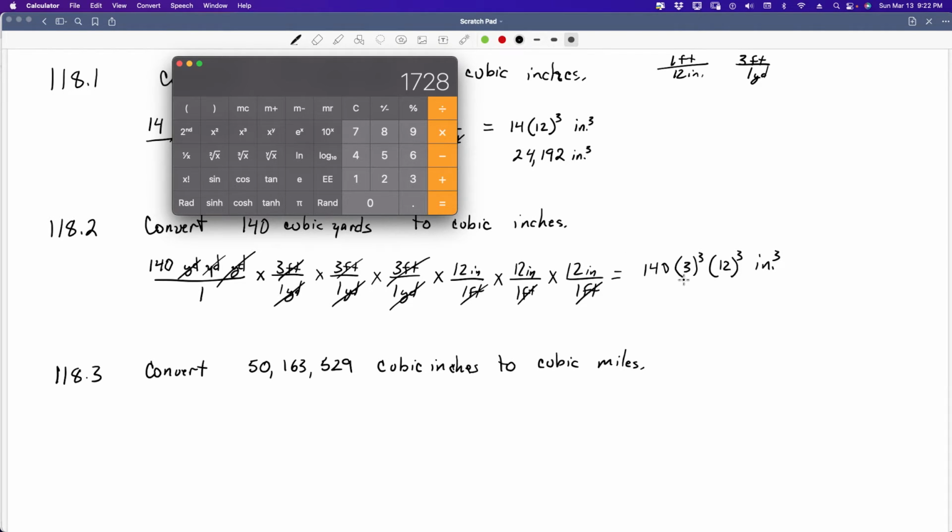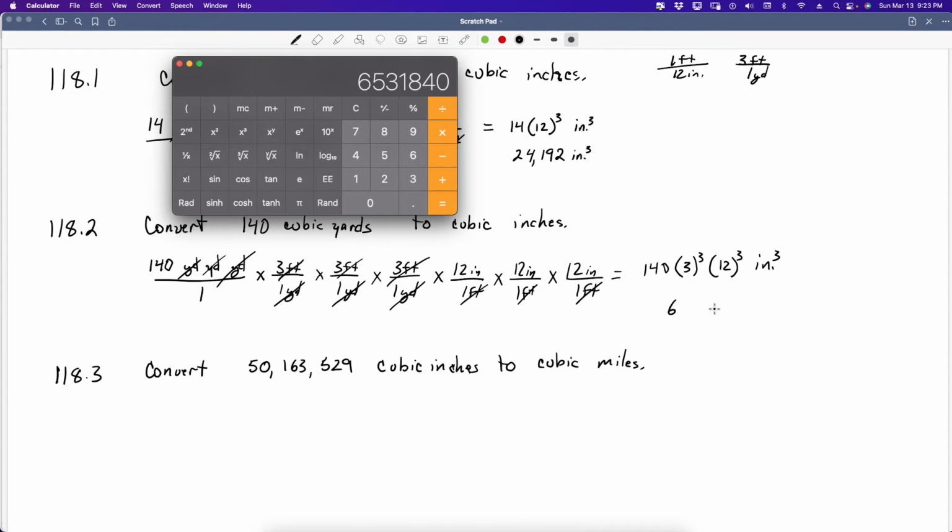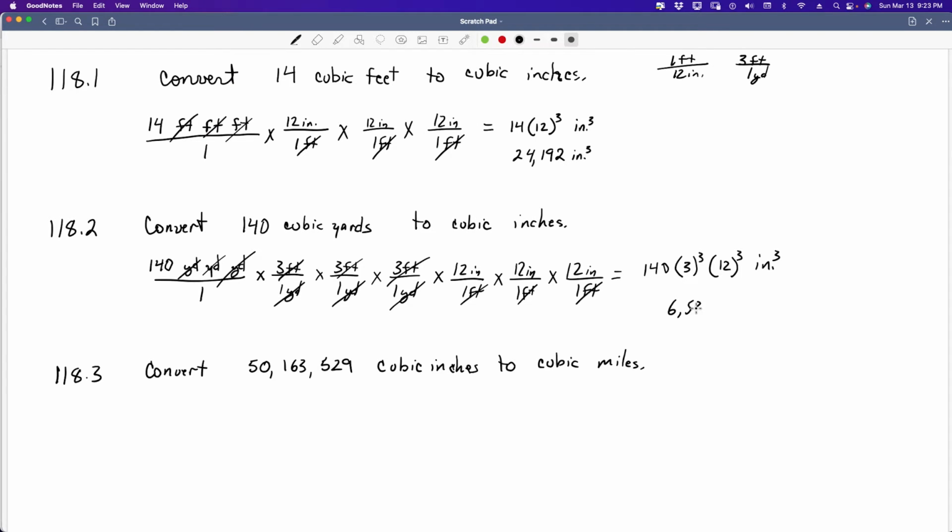And then I know that 3 times 3 times 3 is 27, so I'm going to say times 27 times 140, which is equal to a big number, 6,531,840 cubic inches. You can leave it like this and turn it in without having to do this. Either one is fine.